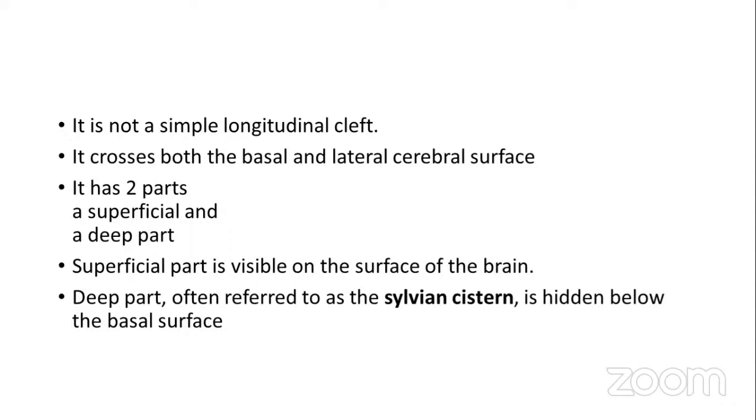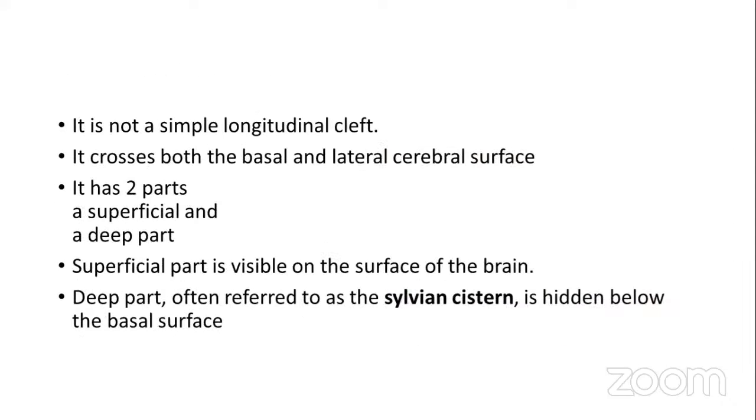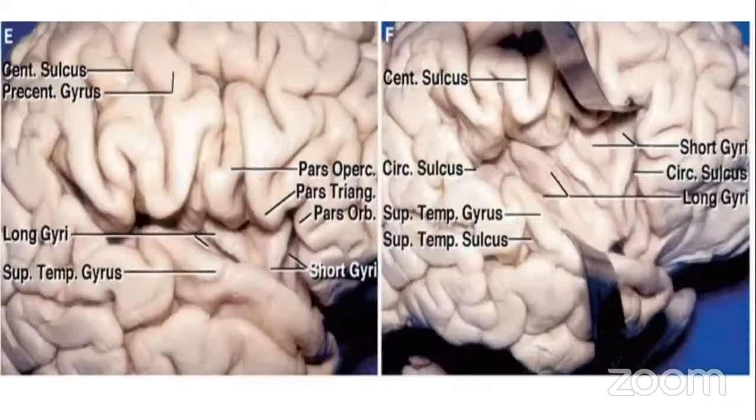It has two parts: the superficial part that is visible on the front, as well as the deep part that is connected to the basal surface. The deep part is also known as the Sylvian cistern. In this picture, a closer view of the Sylvian fissure, the Sylvian dissection is done and the insula is exposed.